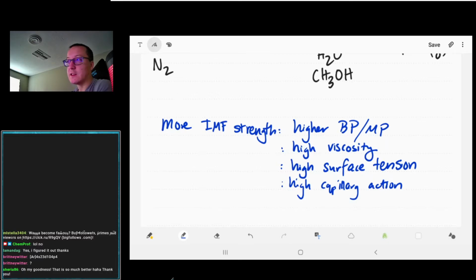Surface tension is the tendency to form a sphere, or the inability to have your surface broken through. And then capillary action was pulling up water against gravity, or whatever other liquid you're dealing with, just due to intermolecular forces.